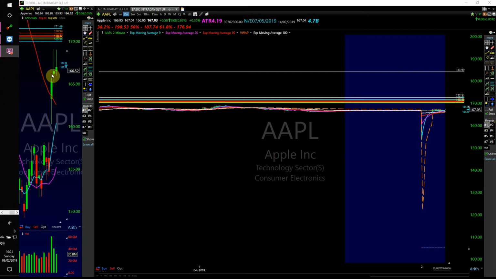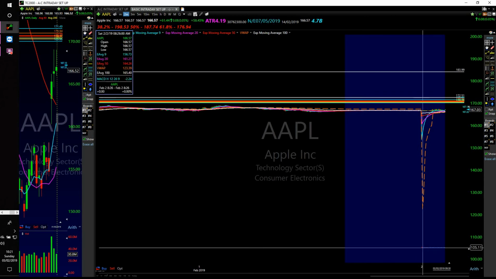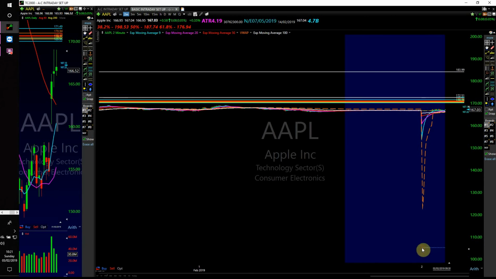So in the case of Apple, first of all, a little thing I noticed if you've got it on your charts: on my charts Apple is all screwed up for some reason. We had a dot marked down here after hours at $105. You can see it's marked down there in TC2000, which is absolutely bizarre, and it screwed my chart up.